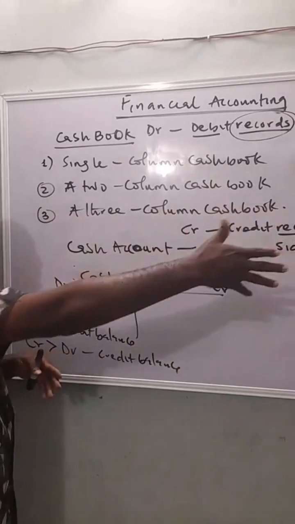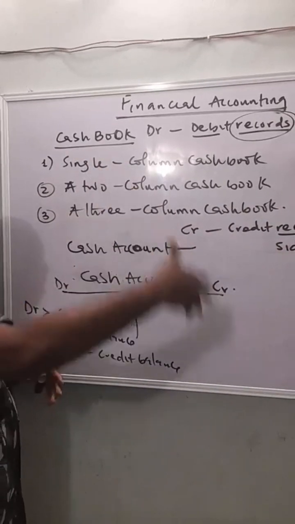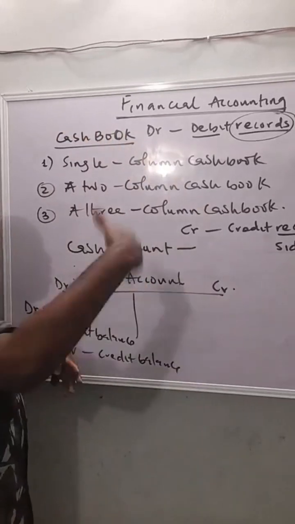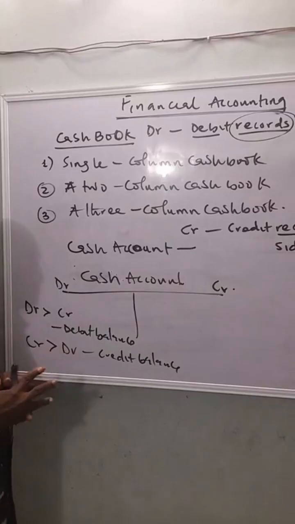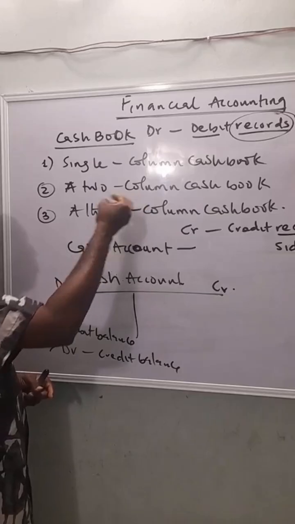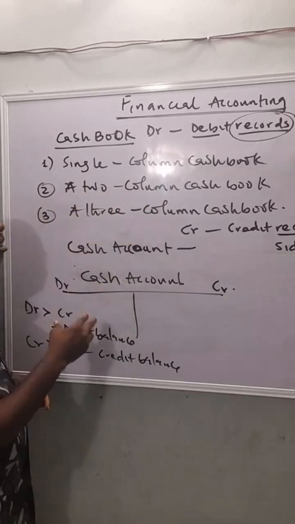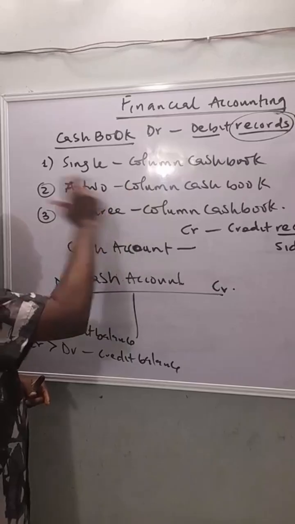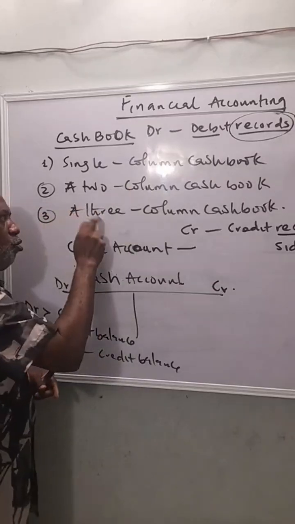On the credit side, you have the date, particulars, folio, cash and bank on that side. So a book that contains 2 types of transaction at the same time is what we call a 2-column cash book.